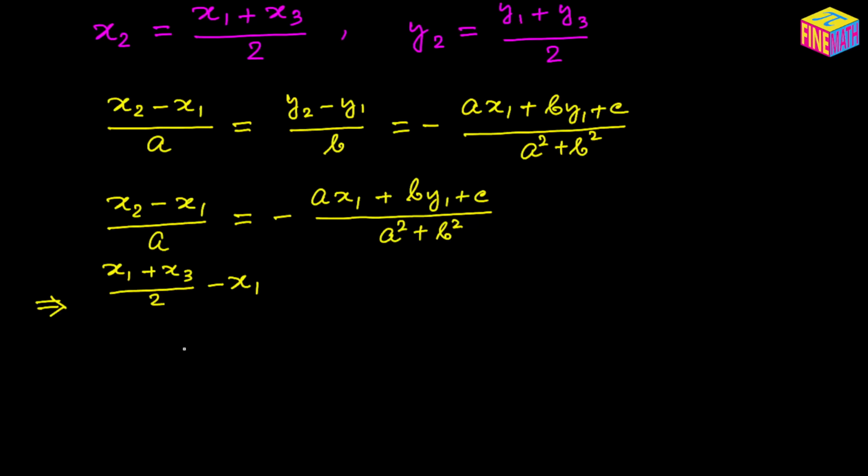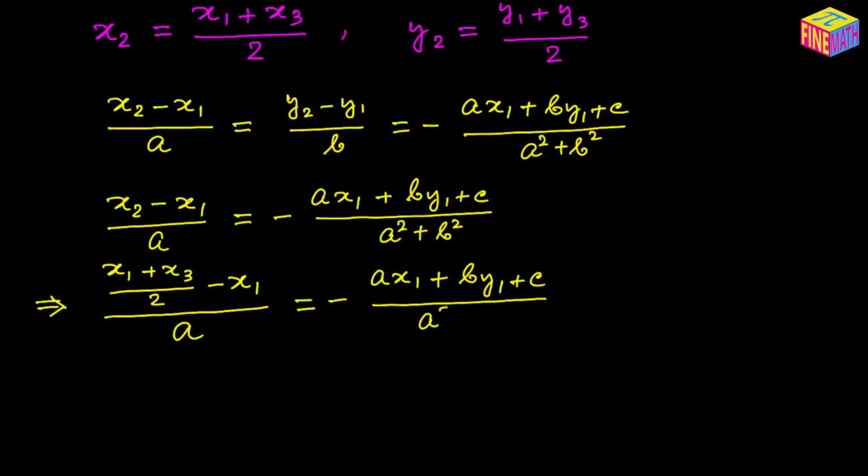I'm simply using x sub 1 plus x sub 3 over 2 in place of x sub 2. So wherever I had x sub 2, that's what I have replaced with this new value. And of course we already had the minus x sub 1, so I'm keeping that as is. And we also have over a, and that is equal to negative a times x sub 1 plus b times y sub 1 plus c over a squared plus b squared.